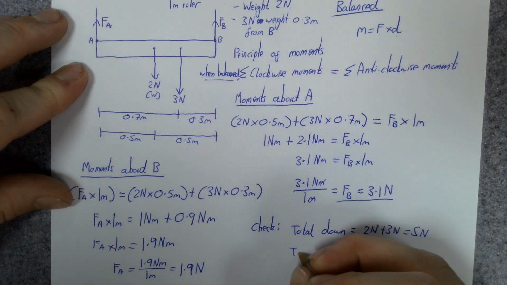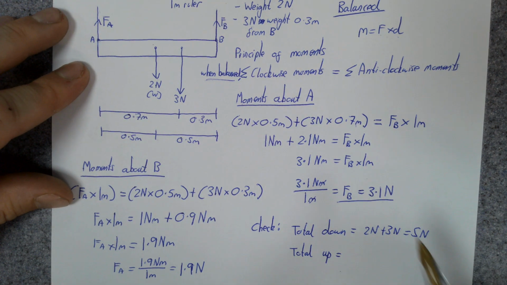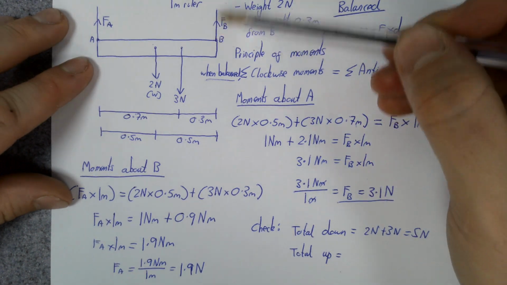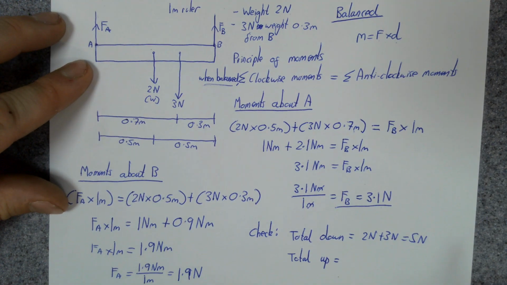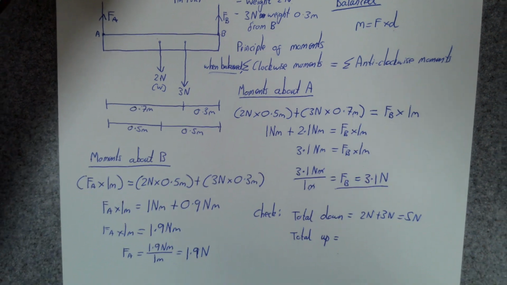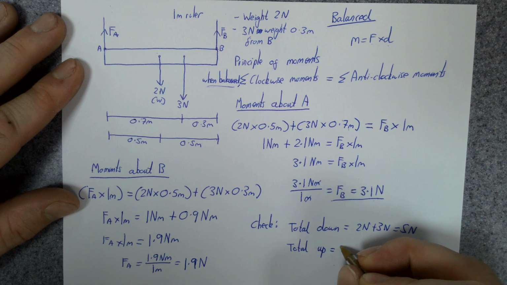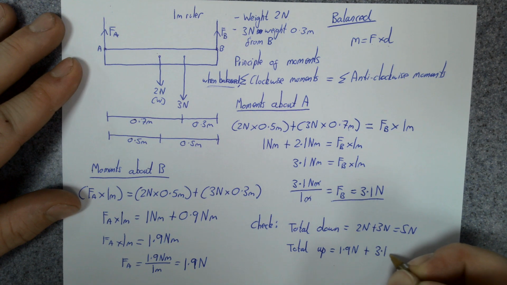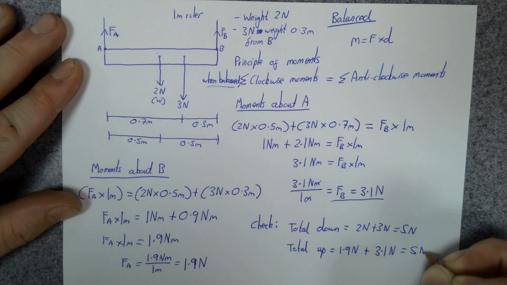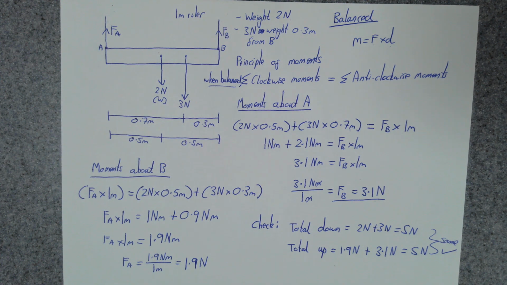That's got to be equal to the total up, which is 3.1 newtons from force B and 1.9 newtons from force A. Just come out slightly, you can see all that. So total up is 1.9 newtons plus 3.1 newtons, and that also gives me 5 newtons. So they are the same. That's good. There we go.